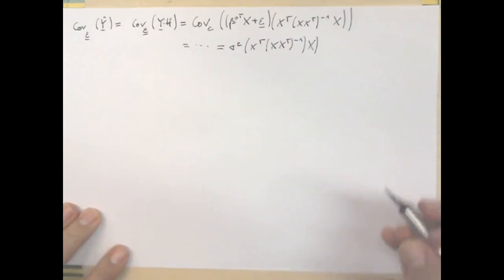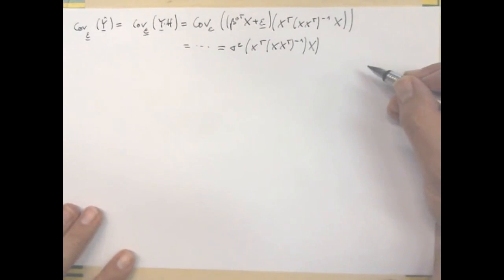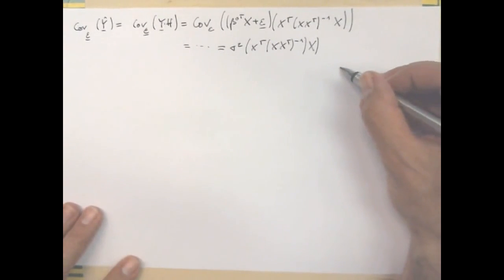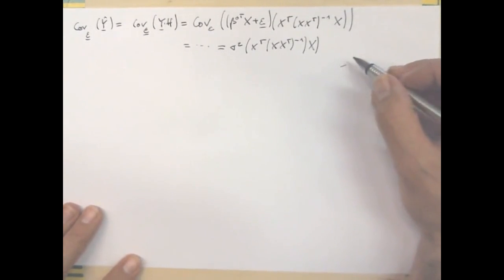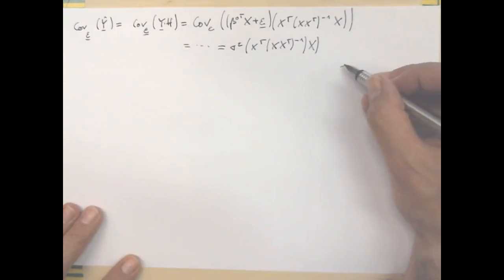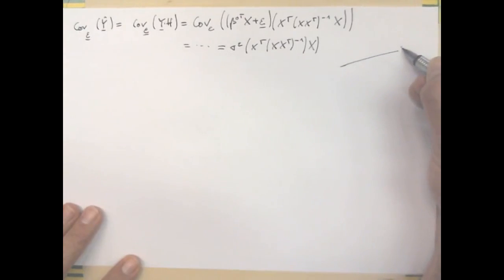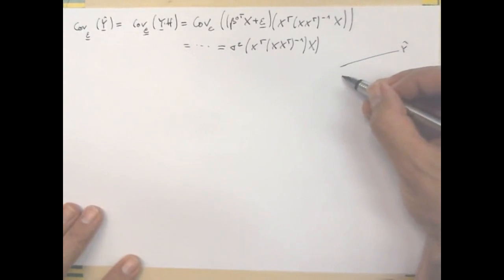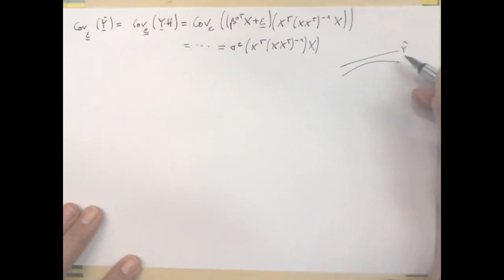And this is sometimes visualized by bands. So you can, for instance, say that this is my prediction y hat. And then I have an uncertainty band here.